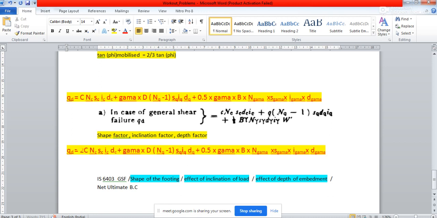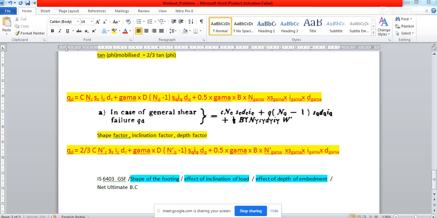Only you will be changing C to 2/3 of C. That is what we have done earlier also. And this will become NC dash, then this will become NQ dash, and this will become N gamma dash. Is it clear?